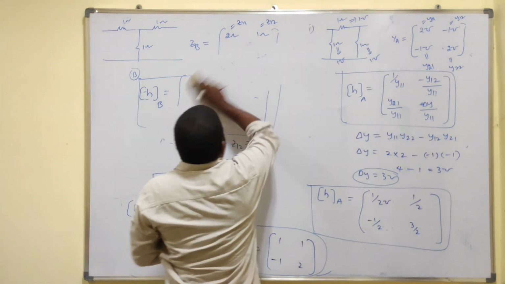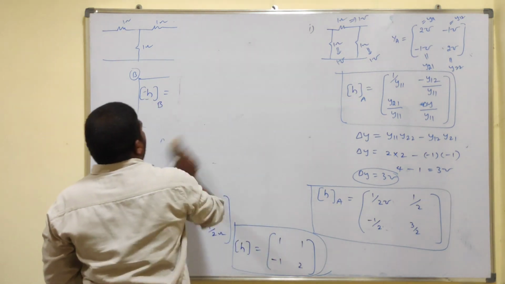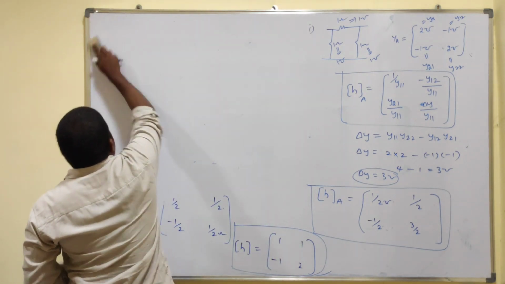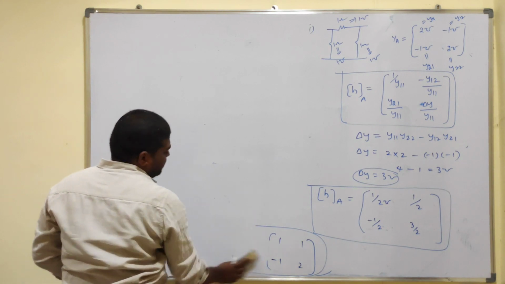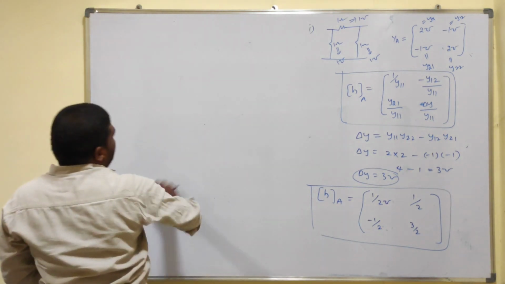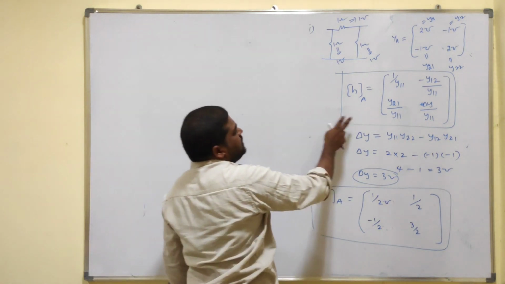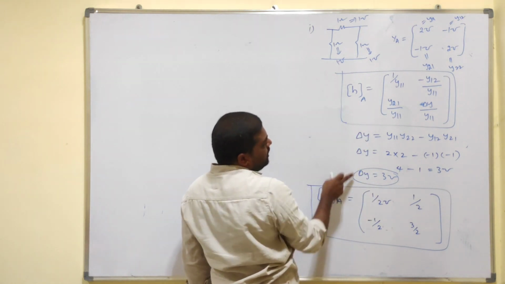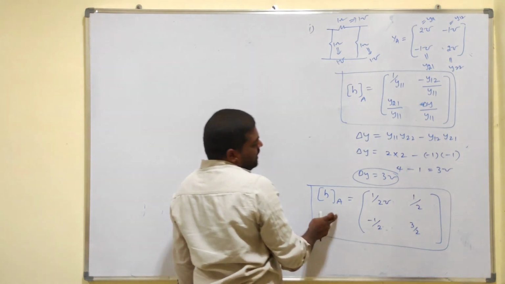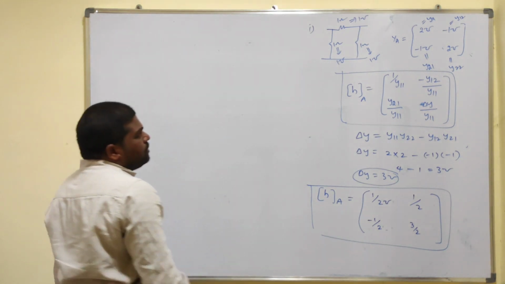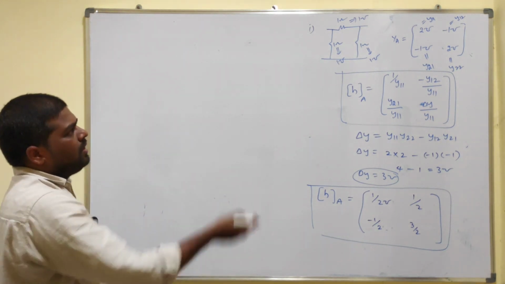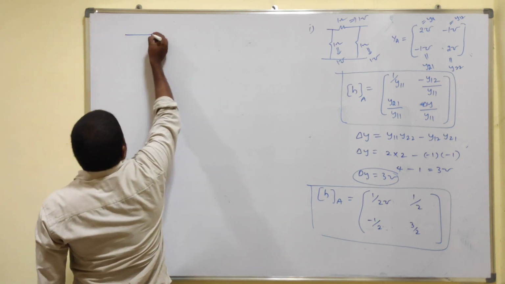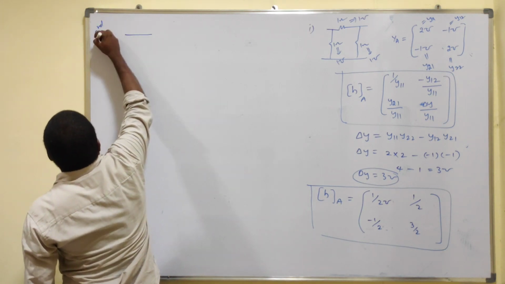The first method was formula based, using the conversion formula to solve the H matrix. Now I can use KVL and KCL expressions for the given pi model. So here, the second method.